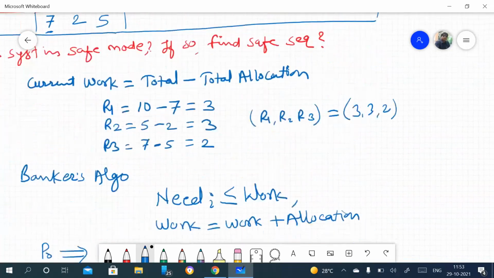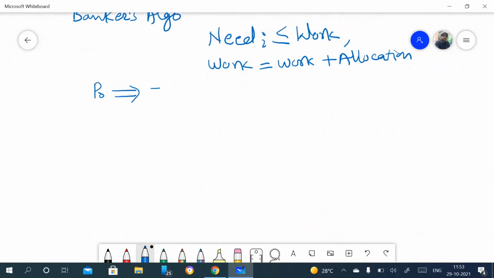So 7, 4, 3, and you need to compare this. So this is actually false, right? Because this 7 is greater, this 4 is also greater, and this is also greater. We can say this process will not execute.